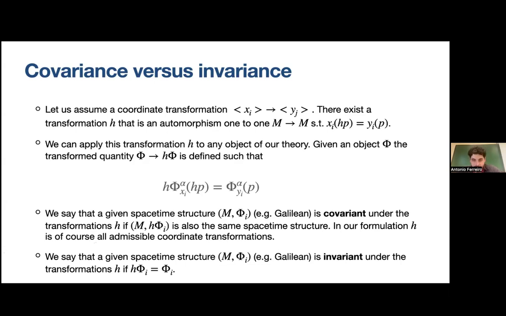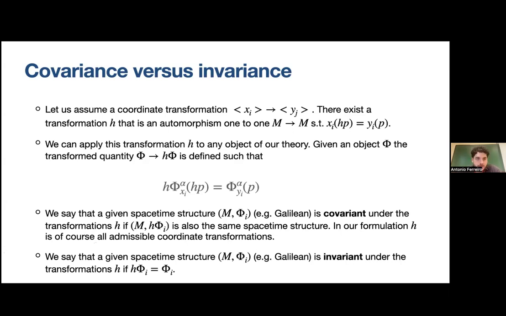But now we say, even if we formulate it coordinate independently, that a given space-time structure is invariant under the transformation H if all our given structures are transformed into themselves.